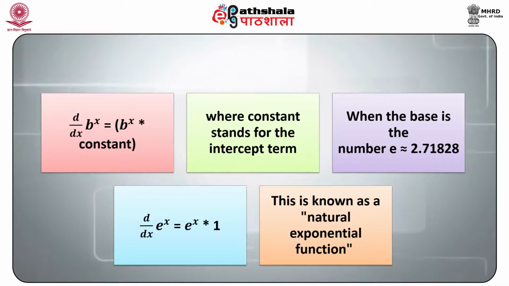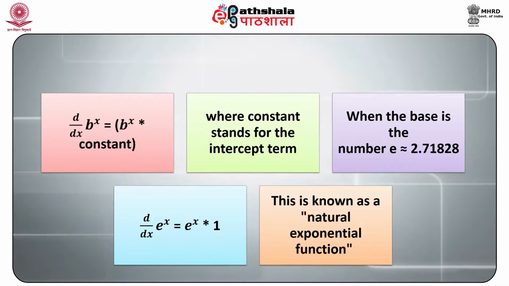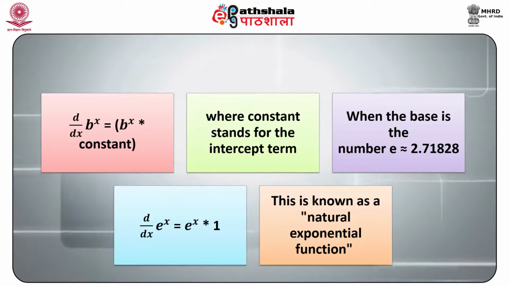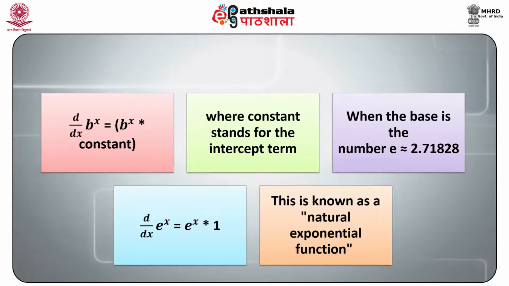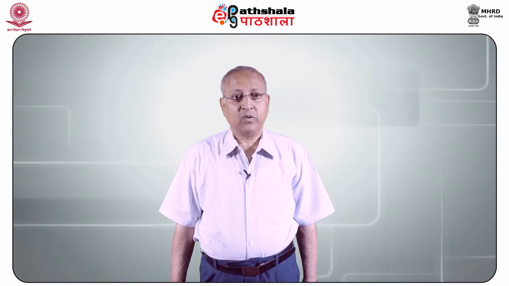Therefore, we could also say that the differentiation of e^x with respect to x is equal to e^x times 1. This is known as the natural exponential function and can be expressed in the following manner. As x tends to exp x, so the x variable tends to become the exponential of its own.